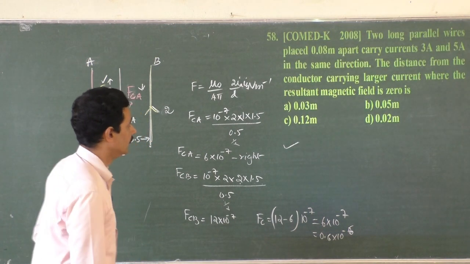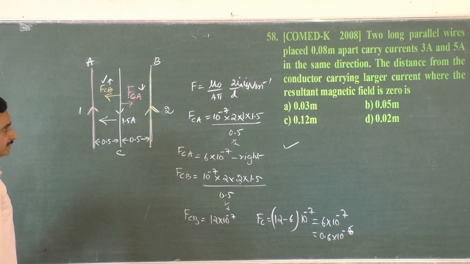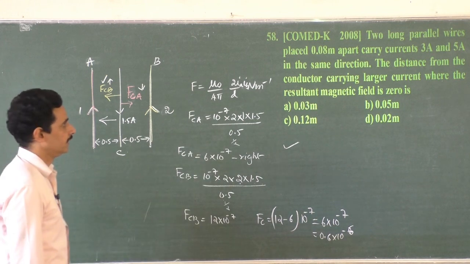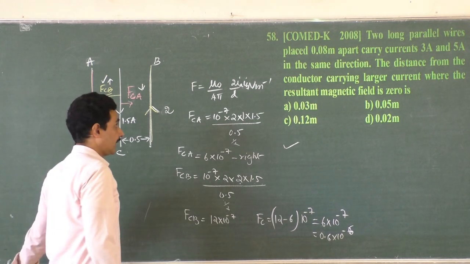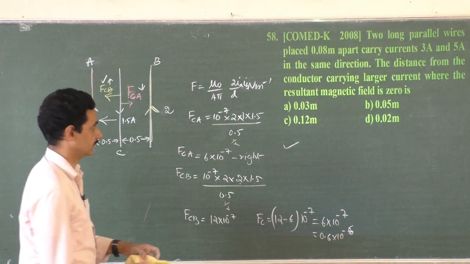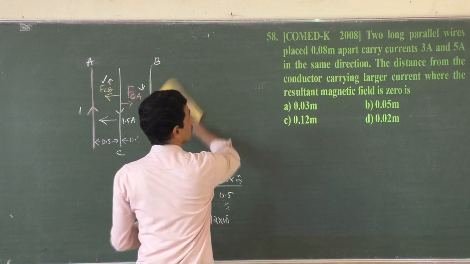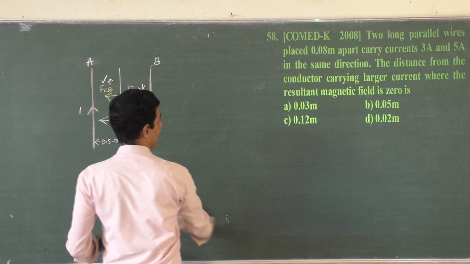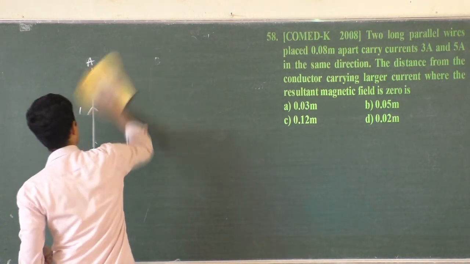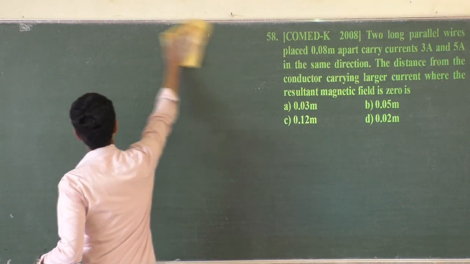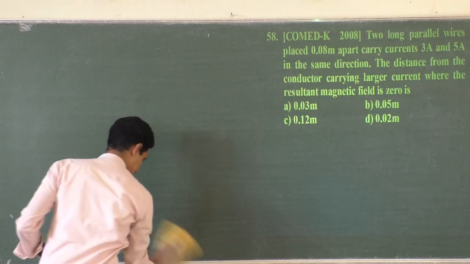We will finish. 58. Two long parallel wires placed 0.08 meter apart carry currents 3 ampere and 5 ampere in the same direction. The distance from the conductor carrying larger current where the resultant magnetic field is 0. Okay. You have to find out the point where the resultant field is 0.